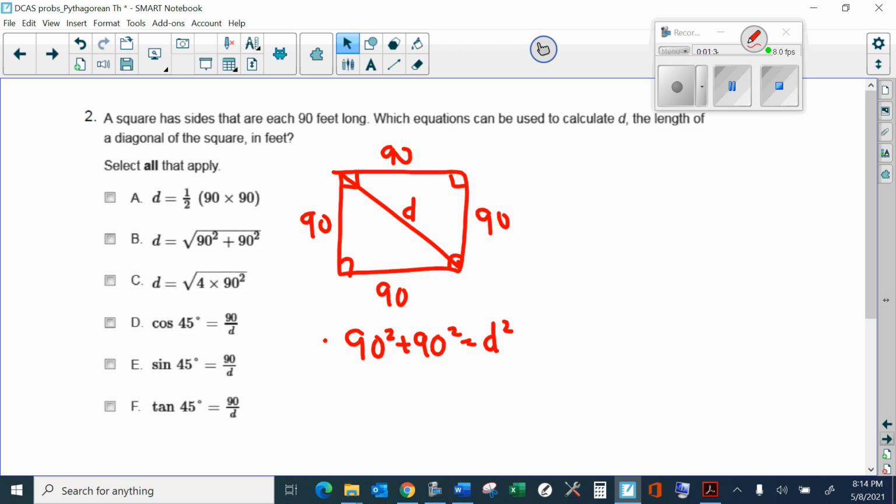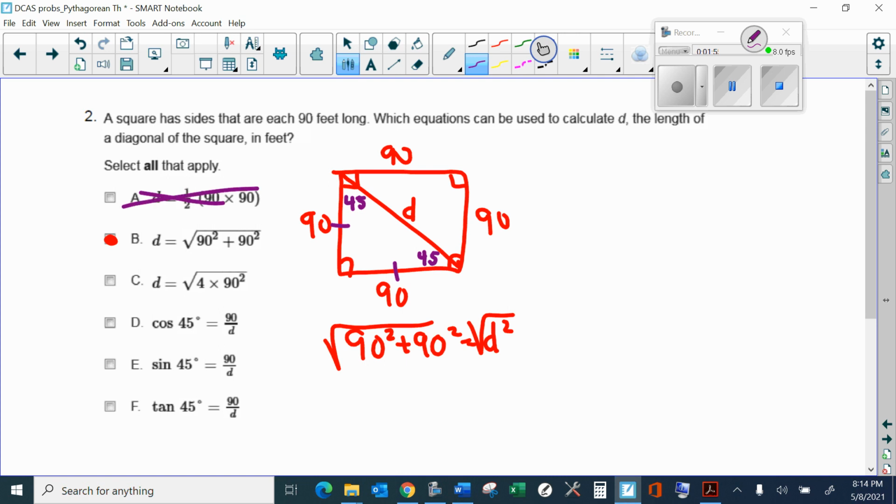Okay, which then to solve for D, I take the square root of both sides, right? So that would be this one right here. That's one way. Now don't forget, we have a 45, 45, 90, since this is an isosceles right triangle. I told you you need to memorize that. So now we have 45s in here.